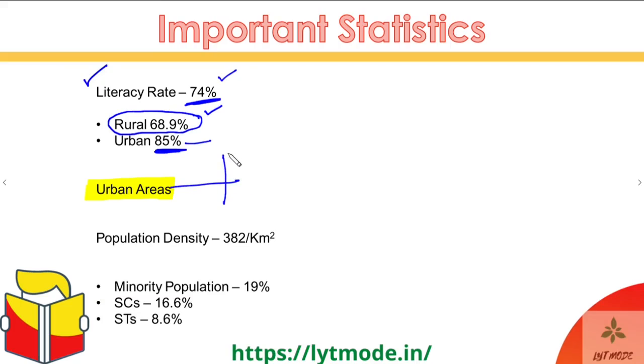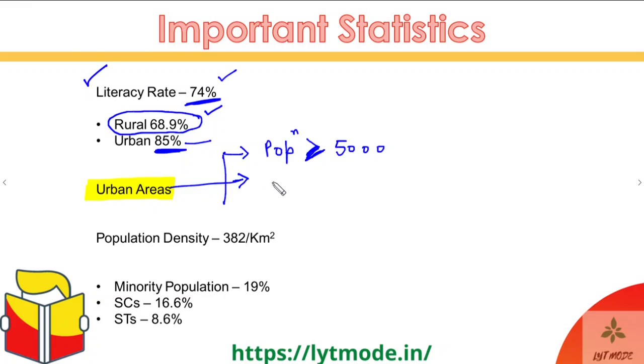First of all, an urban area is an area where the total population is greater than or equal to 5,000. So in that geographically contiguous area at least 5,000 people should be living. That is the first criteria.